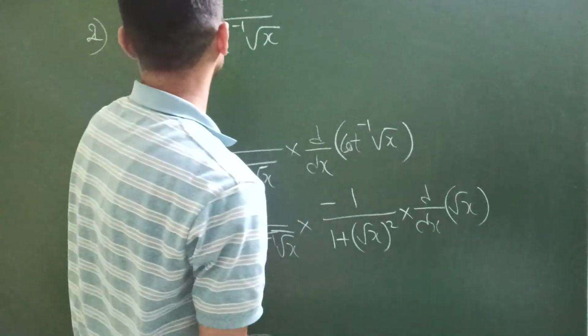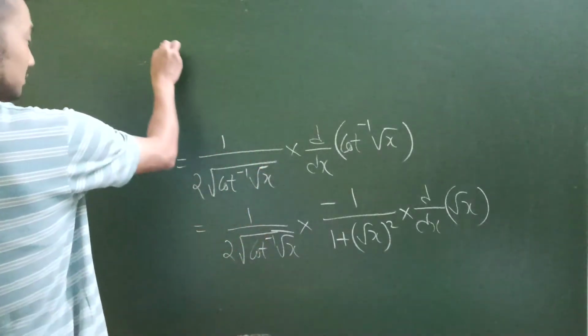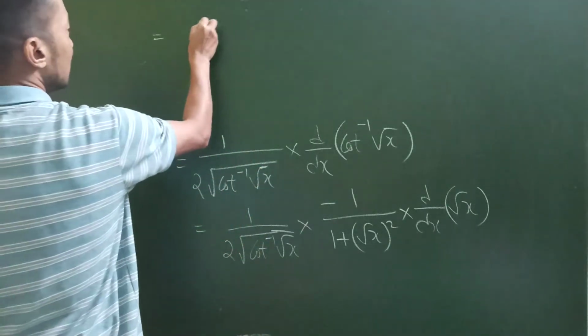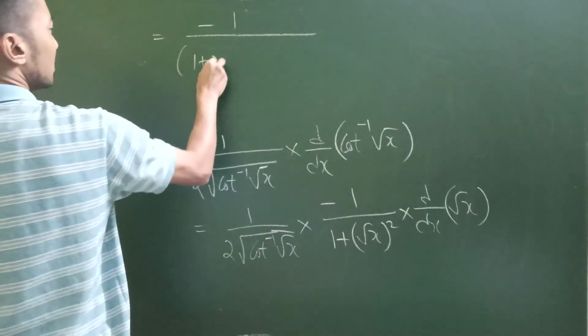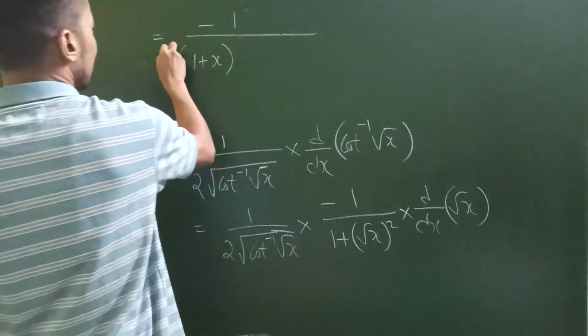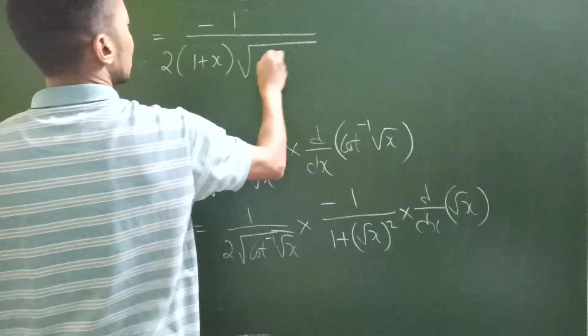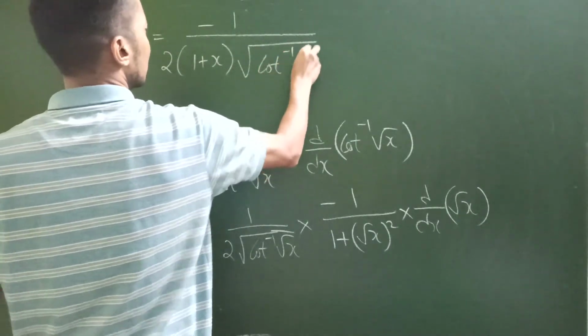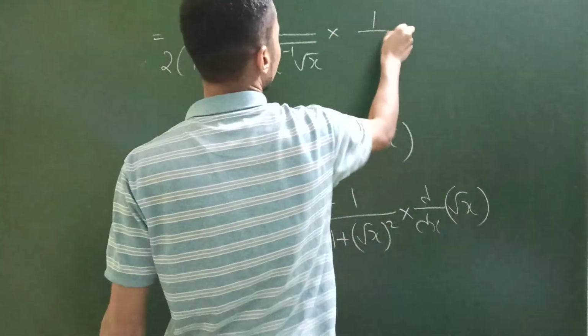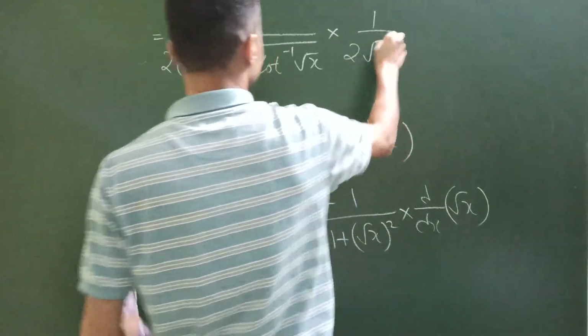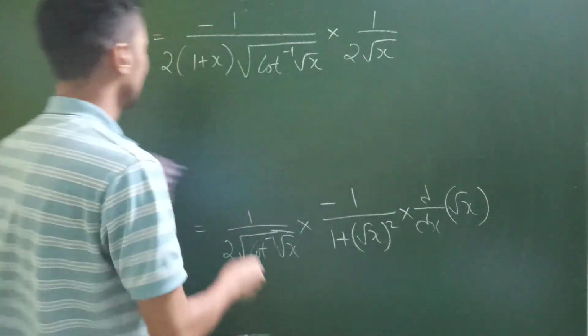Okay, so that's going to be, I'm just going to arrange it, right? This function first, x, the second, 2 cot inverse root x into, what is the derivative of root x? Again, 1 by 2 root x.